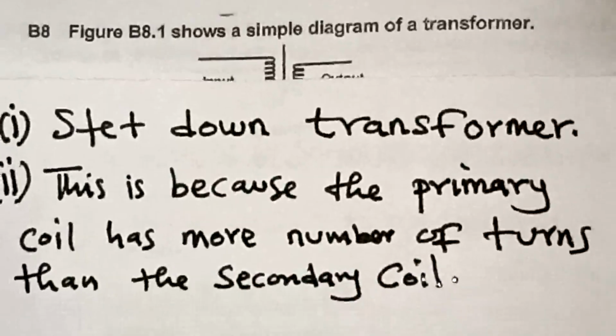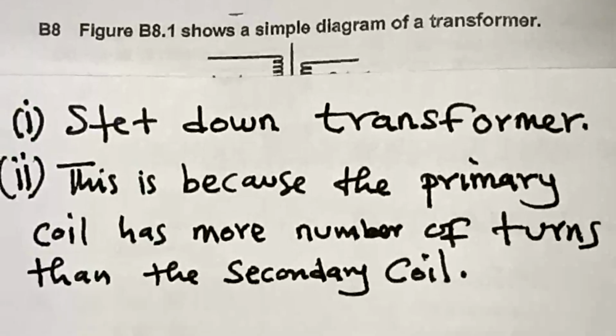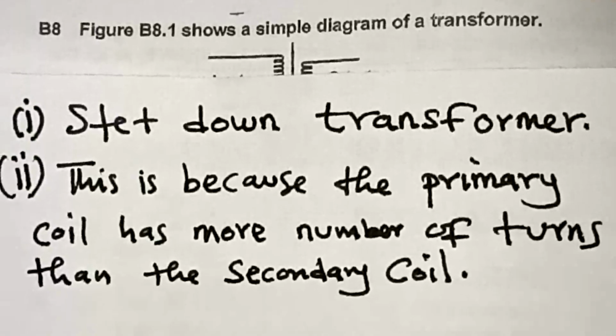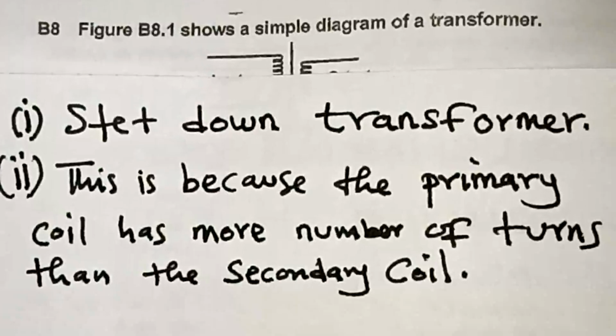So this is how I knew. The reason why I said that it is a step down transformer is because the primary coil has more number of turns than the secondary coil.